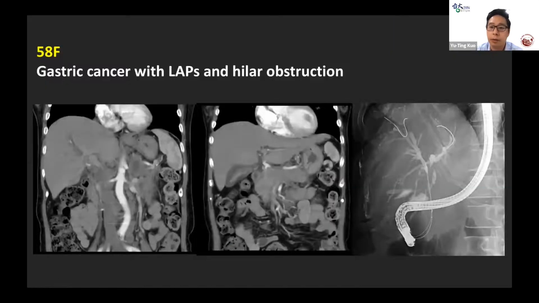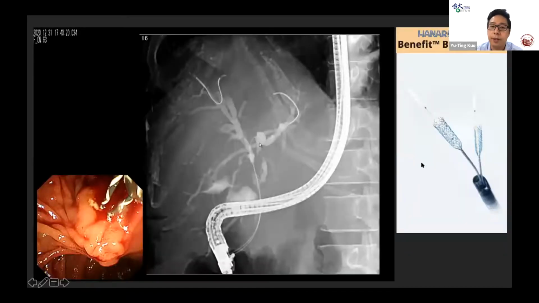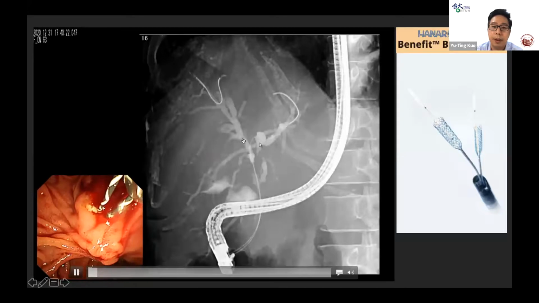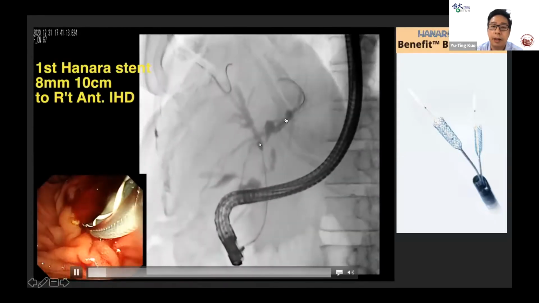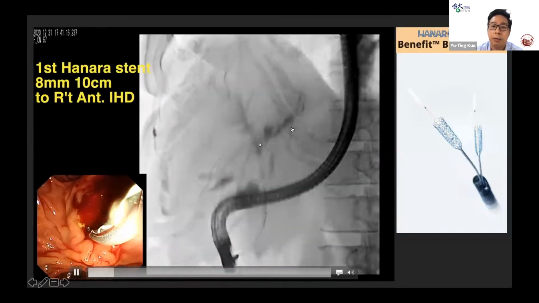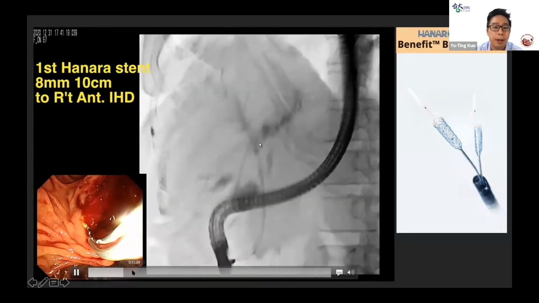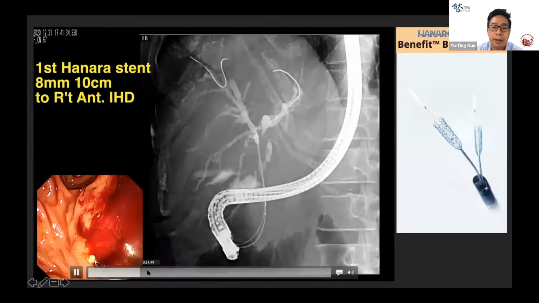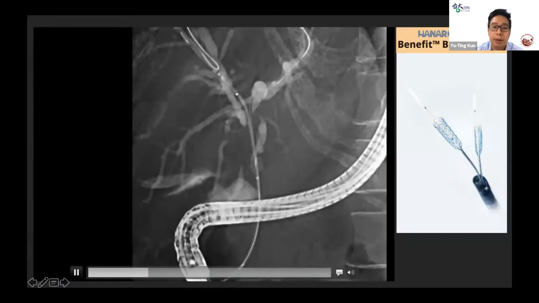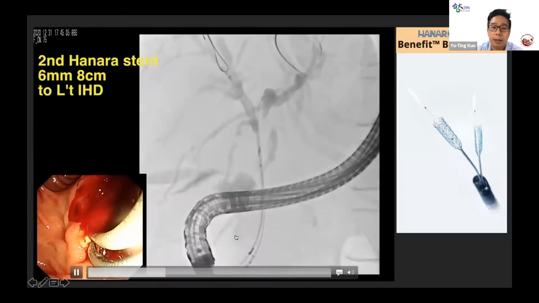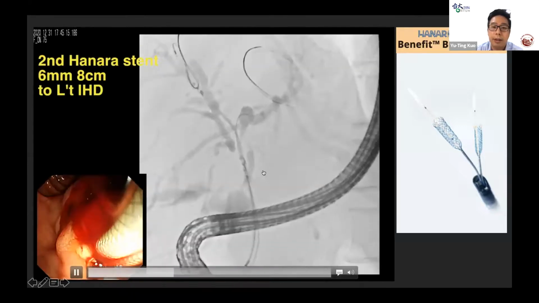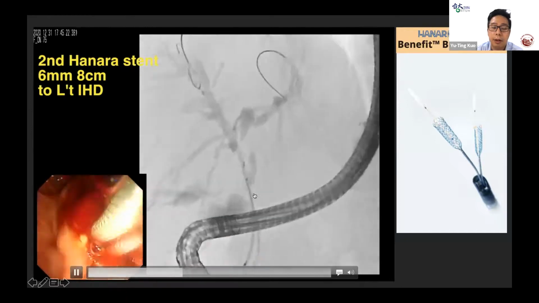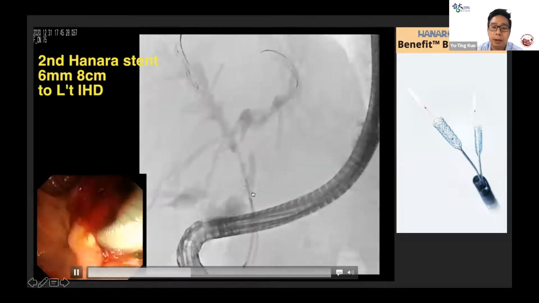And I want to show this gallbladder cancer that caused hilar obstruction, and after we pass the guide wire to separate the left and right biliary HD, we then place one in the right HD. And you can see it's different from the Cook Zebra stent.